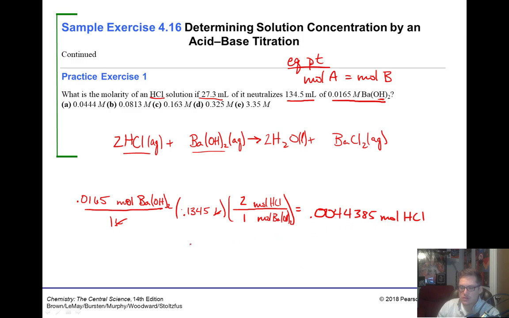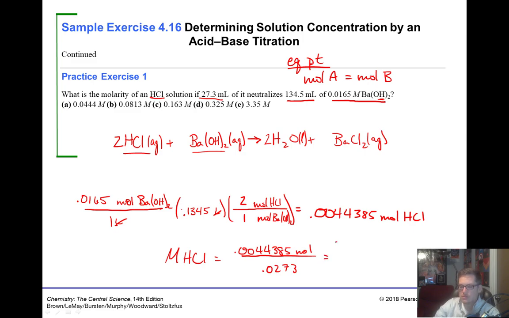Well, we need concentration. So remember, concentration is moles per liter. So the concentration of our HCl solution will simply be equal to the moles of the HCl, 0.0044385 moles, and we're going to divide that by the volume that we start with. But remember, it has to be in liters, so it would be 0.0273.